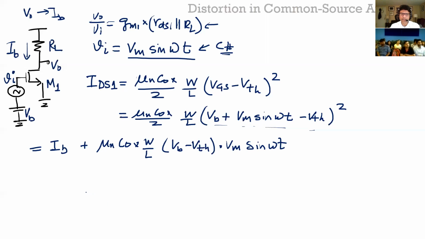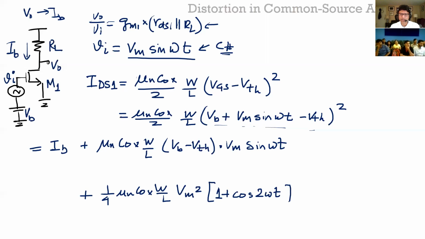And then you're also going to get the square term, because there is a square term inside that. If I put all the terms together, you're going to get something like this. You'll get a sine squared term, and I can just expand that into a cosine term.